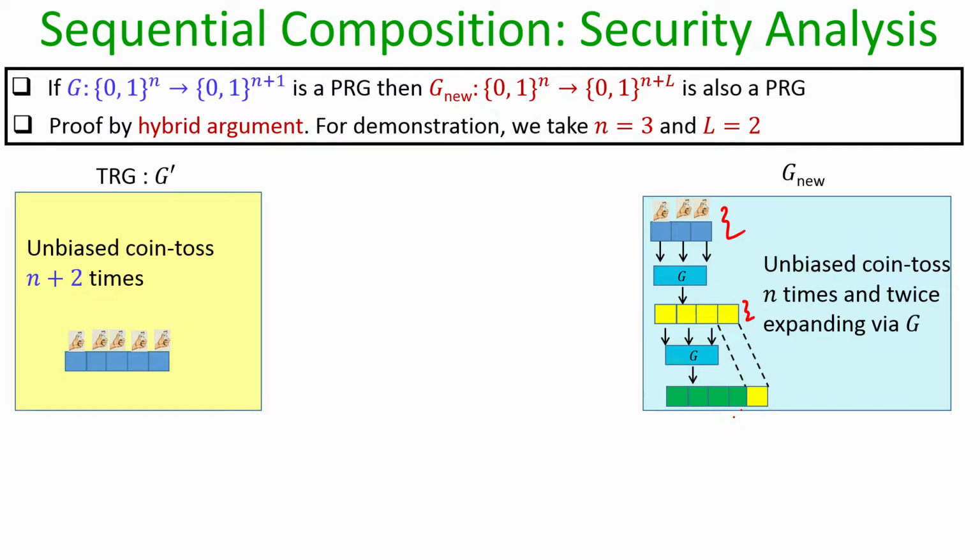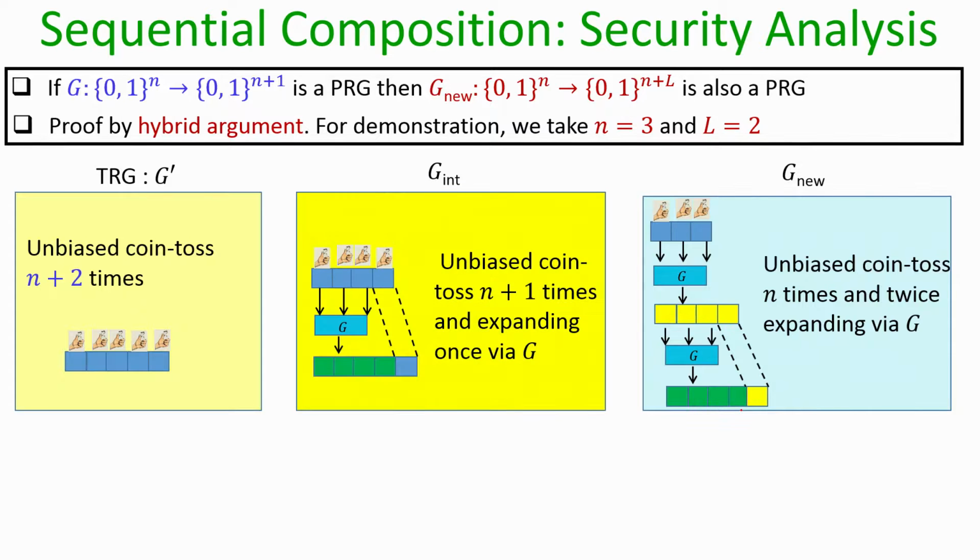That is the construction of your algorithm G nu, and our goal is to prove that no polynomial time distinguisher can distinguish a random sample produced by G dash from a random sample produced by G nu. That means, if it is given a sample which is either generated by G dash or by G nu, without knowing how it was generated, then the distinguisher cannot find out in polynomial time whether the sample given to him was generated as per G dash or as per G nu.